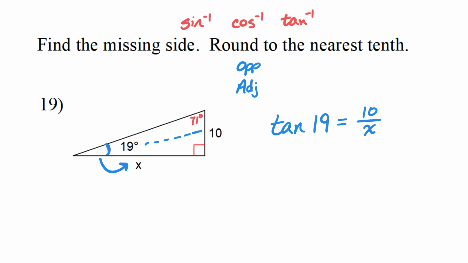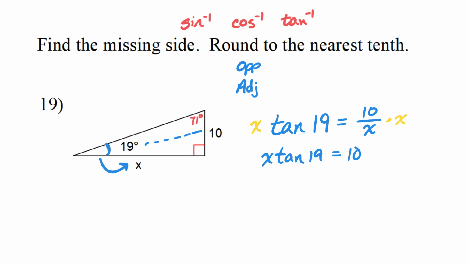Now we've got to solve for x, but x is stuck in a denominator. So the first thing I need to do is multiply that x out of the denominator. That gives me x tan 19 equal to 10. Now, I hope you understand tan 19 is a number, but we want to leave it in this form as long as we can because it allows us to stay accurate as long as we can.